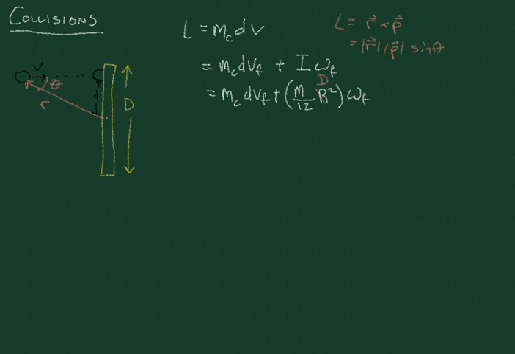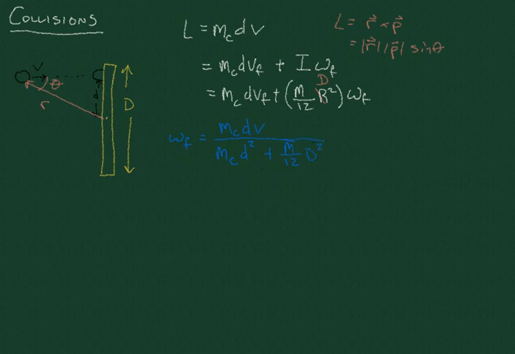So we see that omega final is mass of the clay, d, times its initial velocity, divided by mass of the clay, d squared, plus mass of the rod over 12, big D squared.